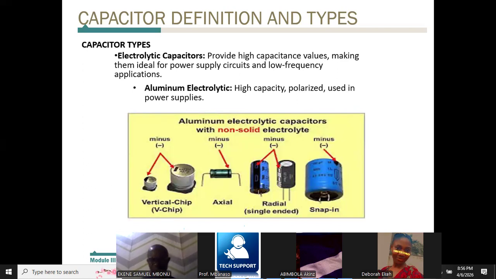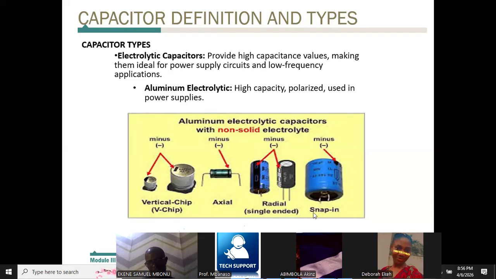How to know their polarity is very simple. Just look at the body. You will see a negative stripe. Just know that one is negative. Also, most of the times, especially this type, the positive side always has the longer leg.